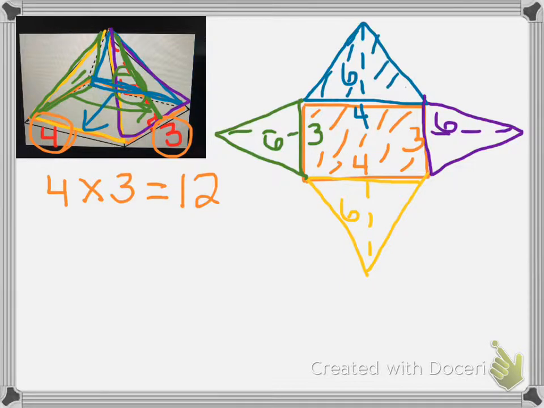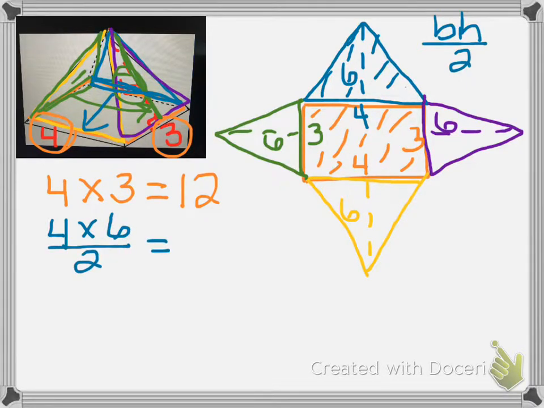For triangles, remember the area is base times height divided by 2. So the base of this triangle is 4 times the height, which is 6, and then we're going to divide that by 2. So 4 times 6 is 24, divided by 2 is 12.